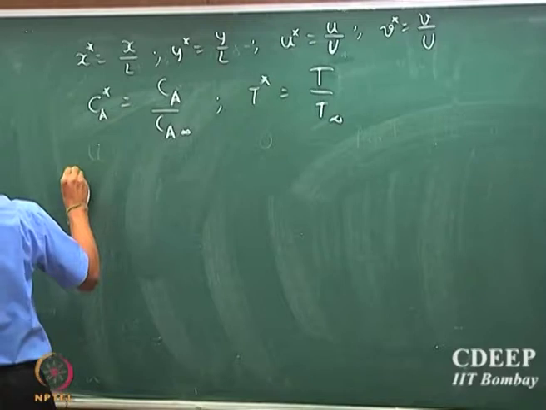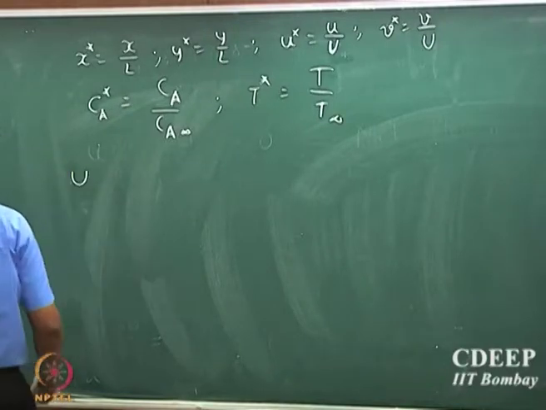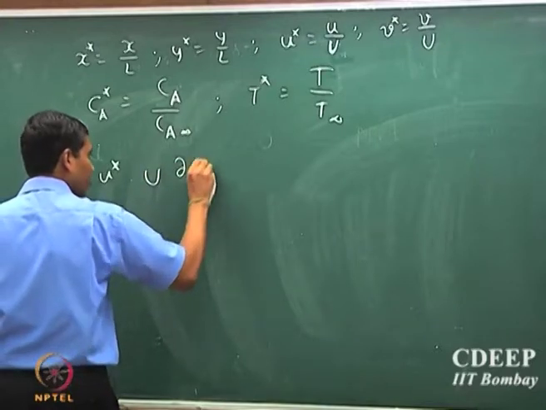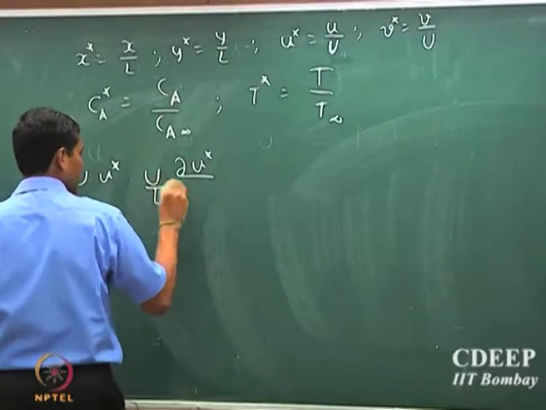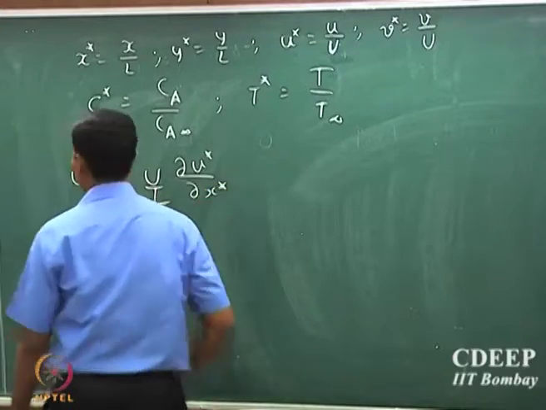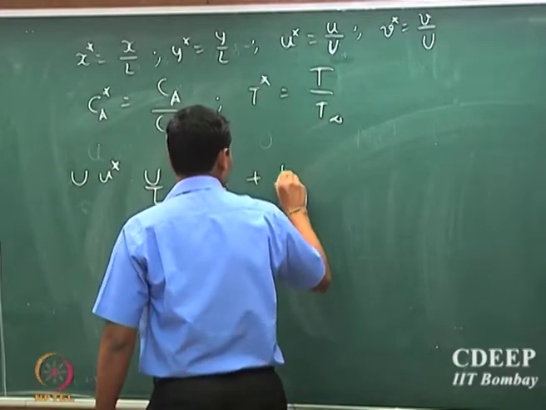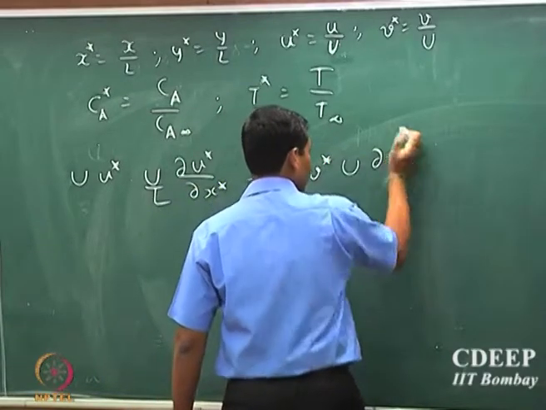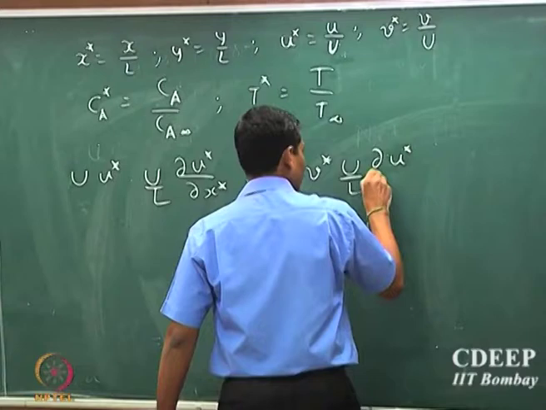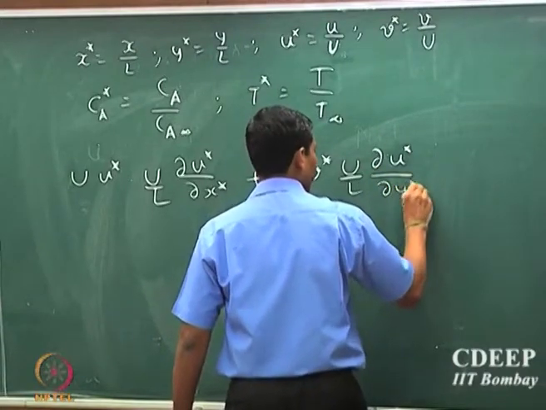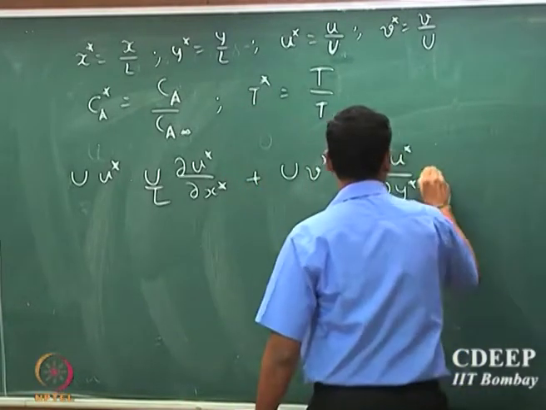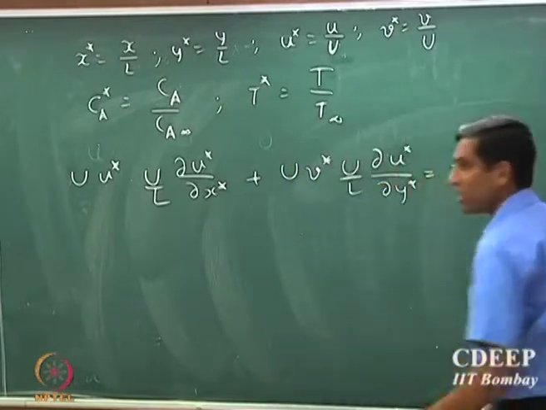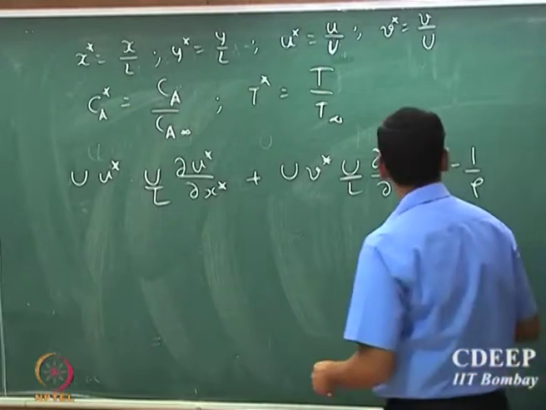So, that will be U squared u star du star by L dx star plus U squared v star du star by dy star, that is equal to minus 1 by rho. Now, pressure you can actually scale with rho U square.